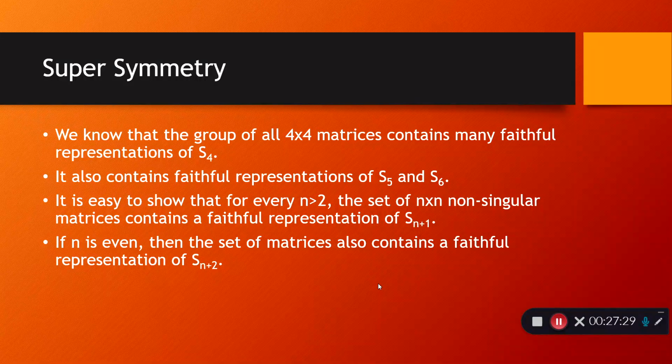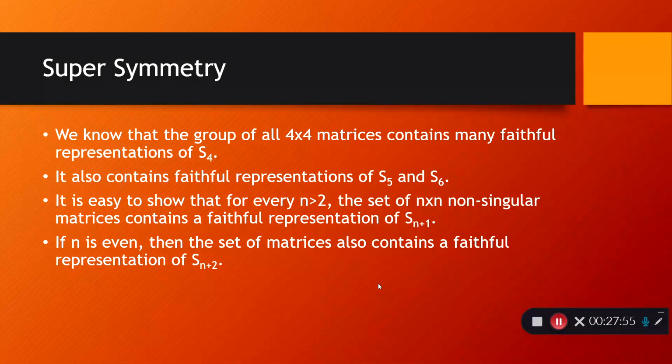And supersymmetry. Supersymmetry works like this. We know that the group of all 4x4 matrices, non-singular matrices that is, contains many faithful representations of F sub 4. It also contains many faithful representations of both S sub 5 and S sub 6.